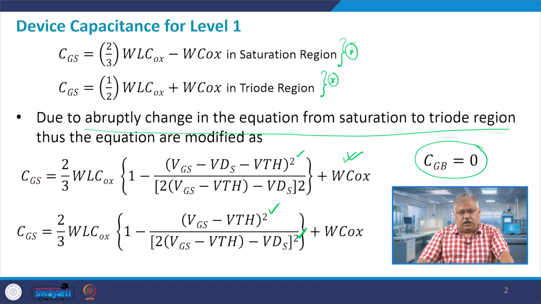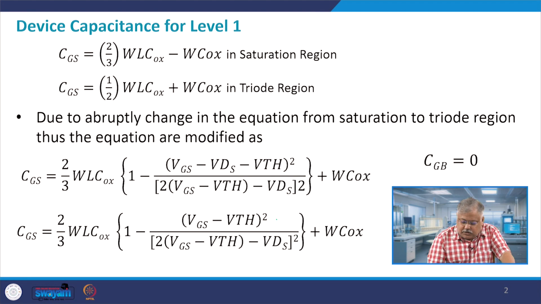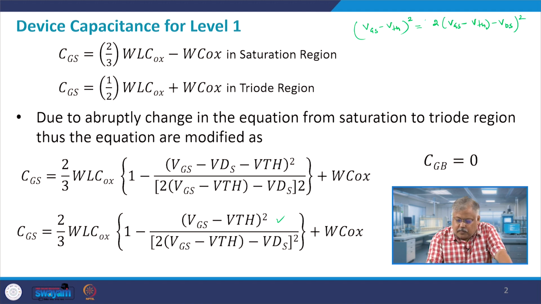Let me take the second equation and write down that when (VGS minus VTH) whole square becomes equal to (2 times (VGS minus VTH) minus VDS) whole square, then this whole quantity will be 1, 1 minus 1 will be 0, and this whole quantity will get removed.